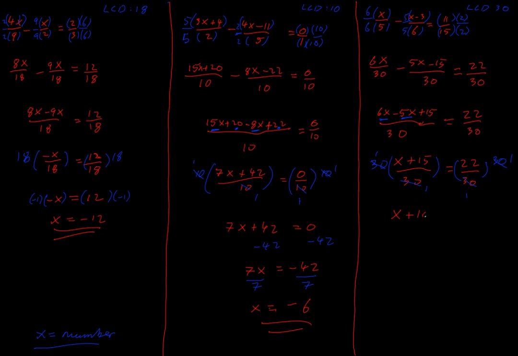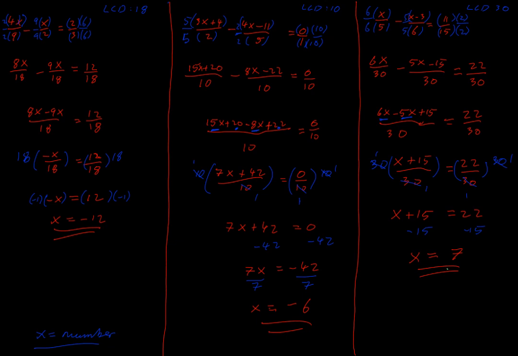So we have x plus 15 is equal to 22. I want to know what x is equal to, so I don't want that 15 on the left hand side. So if I'm at plus 15, I subtract 15 to get to 0, and I must do the same to the opposite side in order to keep the balance of my equation. And when I do that subtraction, I get 7. So x is equal to 7.